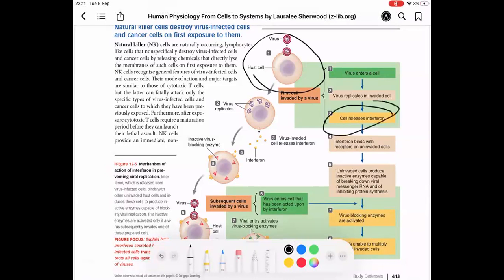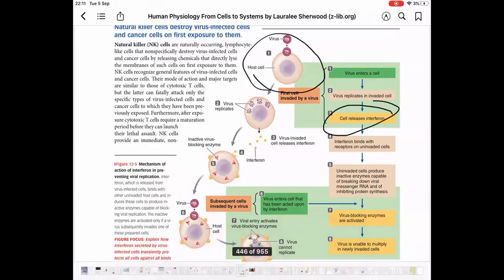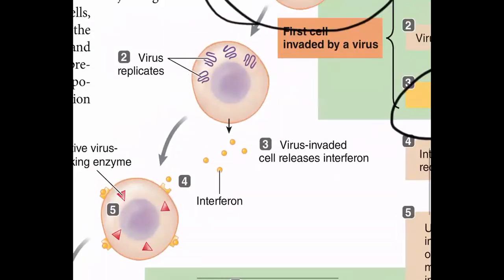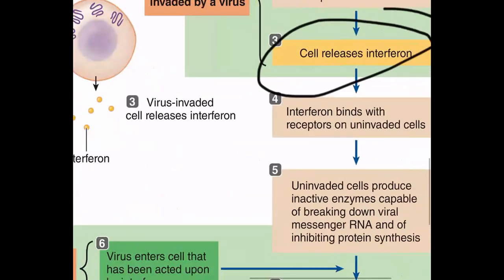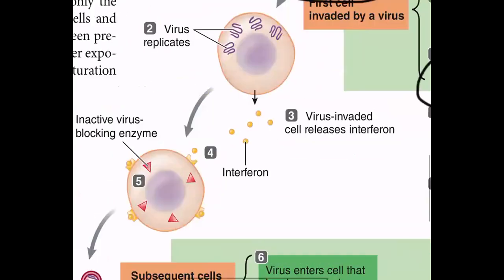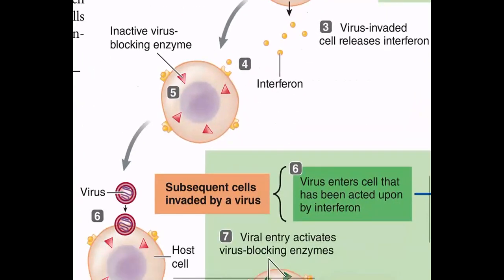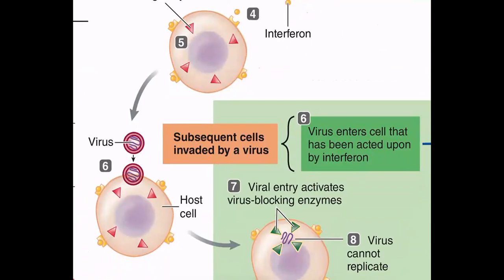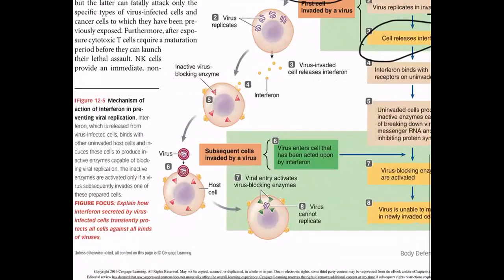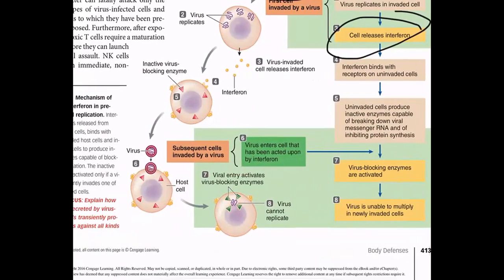This interferon will bind the receptor on a cell that hasn't been invaded, for example this healthy cell. You can see the interferon, the yellow molecule. Once it binds, if the rhinovirus does get in, it will be contained and won't be able to replicate.